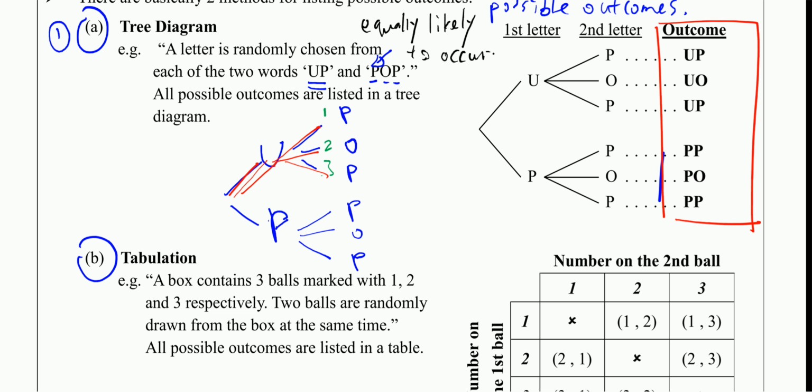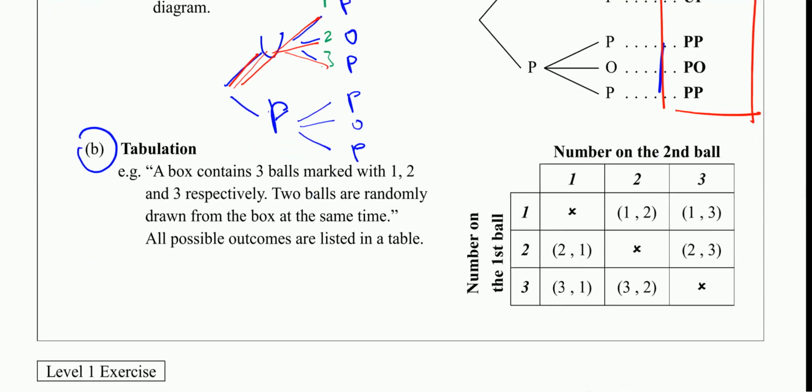So that is the tree diagram. If you don't like the tree diagram, you can try to draw a table and list all the things, as in the example here.